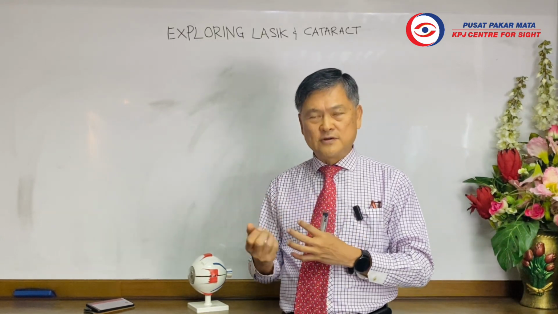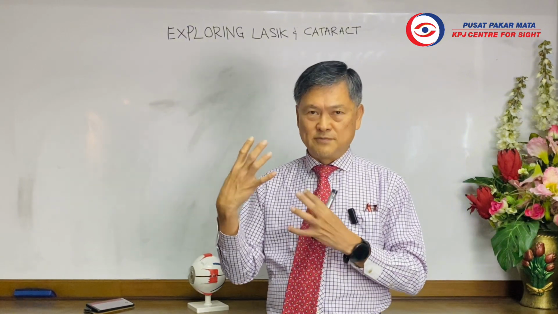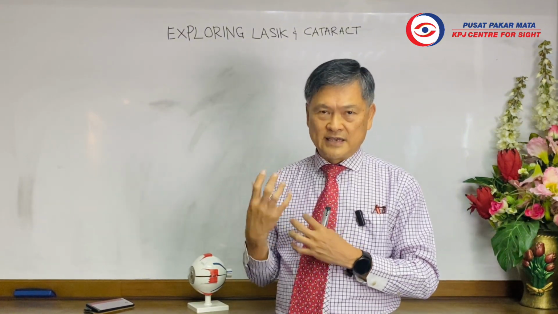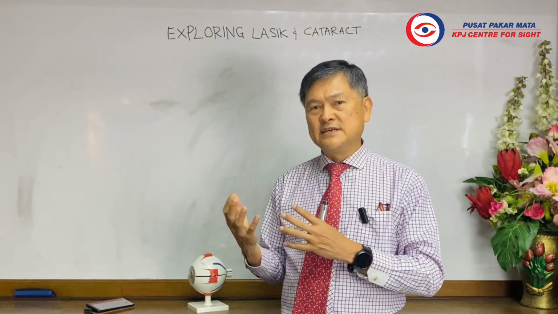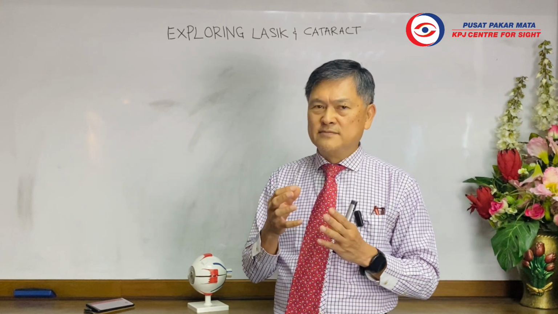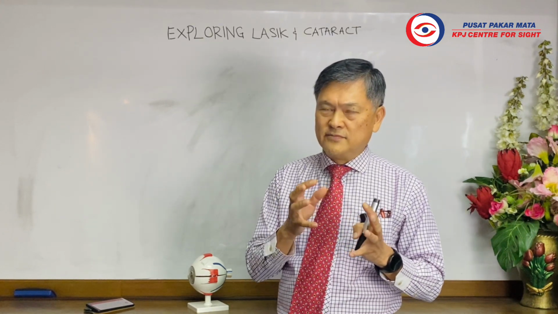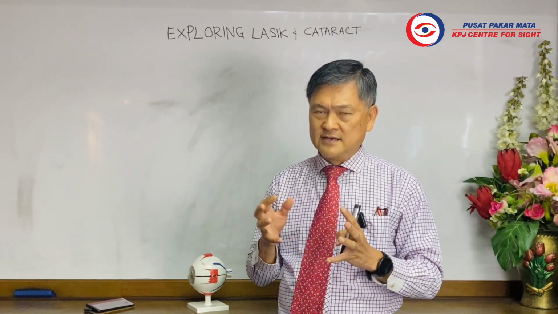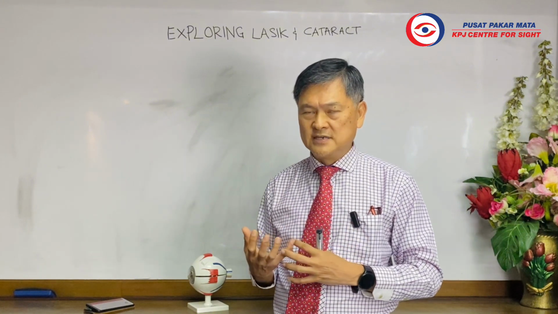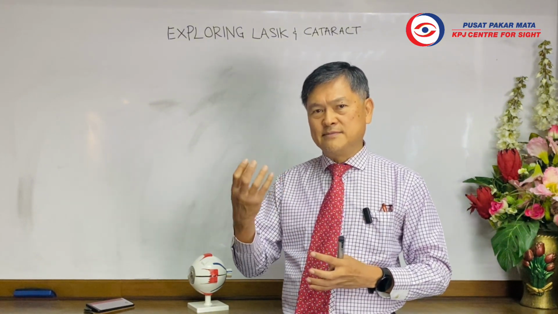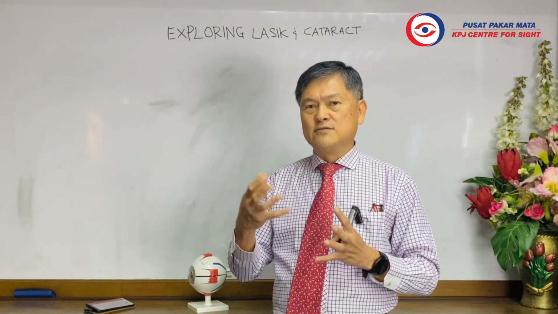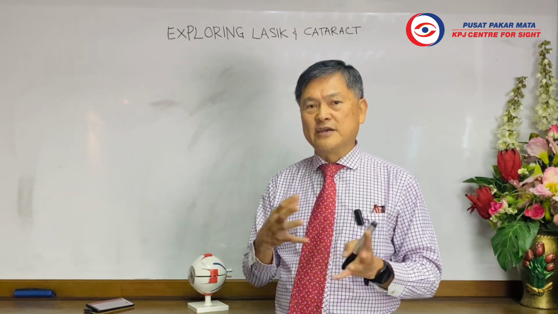Or at night when they drive, they find the oncoming car lights will blind them if they have cataract. Okay, so the severity starts from very mild symptoms of the problems I mentioned earlier. Then when the cataract becomes denser, the severity will increase, okay, in a gradual manner.